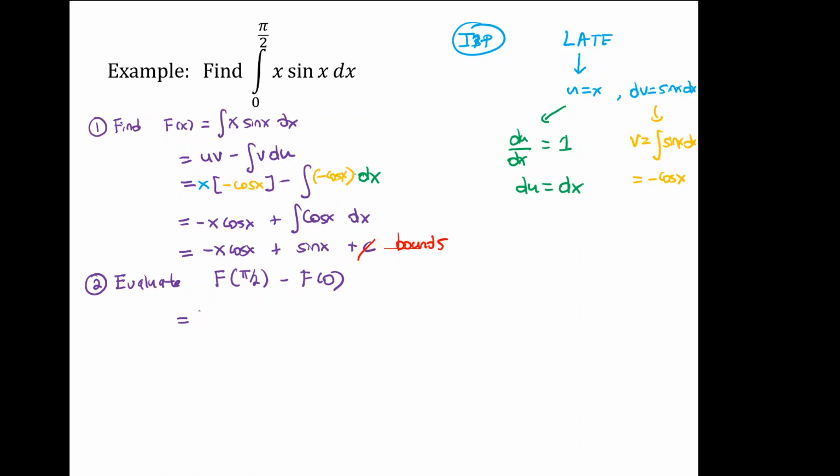Okay, so at pi over 2 we have negative pi over 2 times the cos of pi over 2 plus the sine of pi over 2. That's the top bound, minus the bottom bound, plugging in 0: negative 0 times the cos of 0 plus the sine of 0.